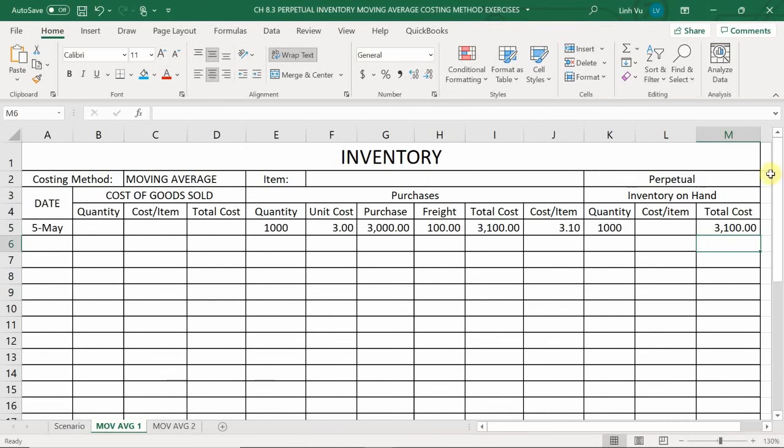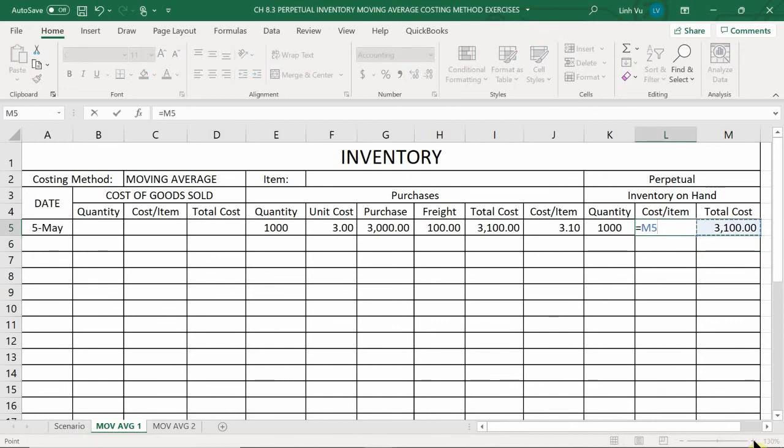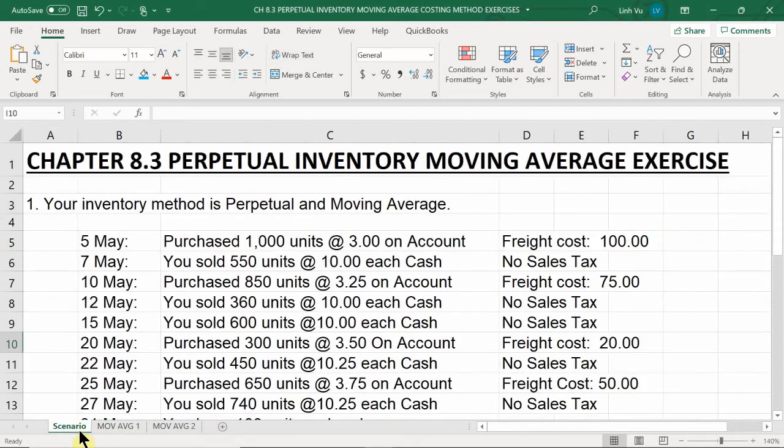So the formula that's always going to be changing is your cost per item. In this case, it's still $3.10. And I'm not going to use any colors because you don't need to, because we're not keeping track of what batch came first or what batch came last.